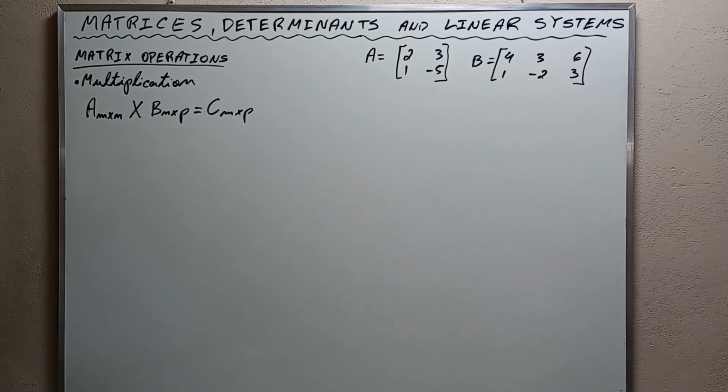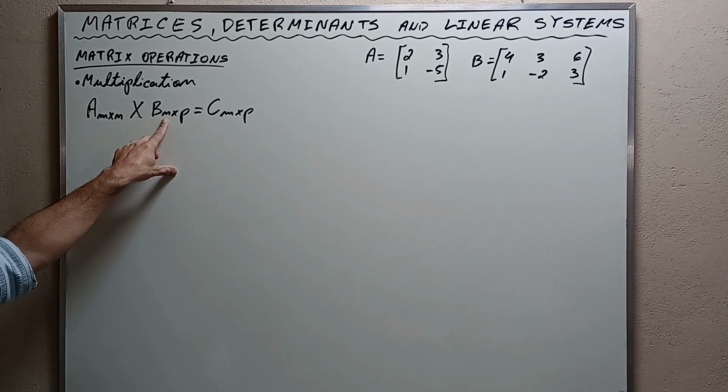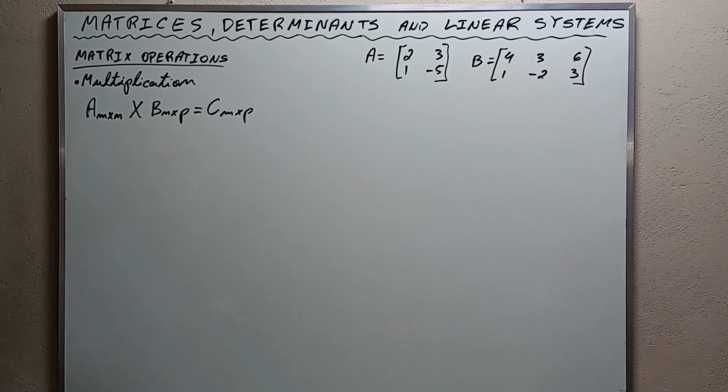Matrices can be multiplied only if the number of columns of the first matrix is equal to the number of rows of the second matrix. Otherwise, they cannot be multiplied.